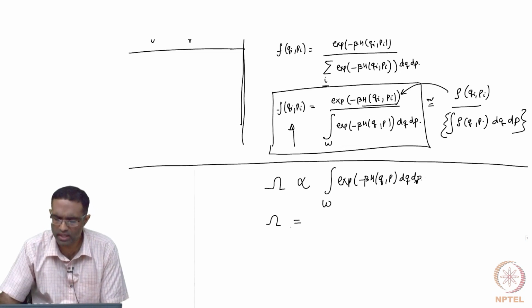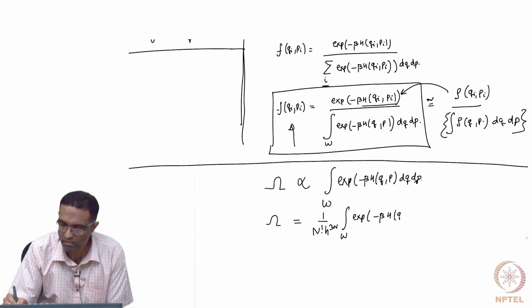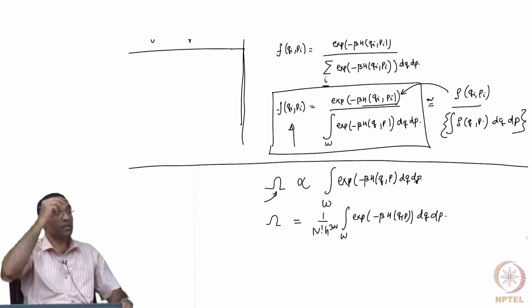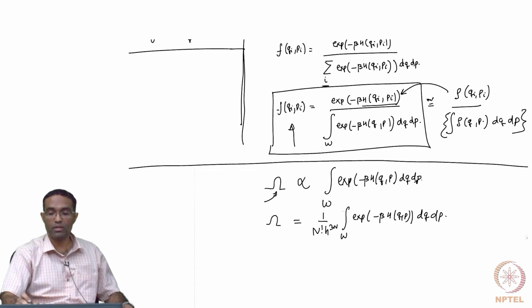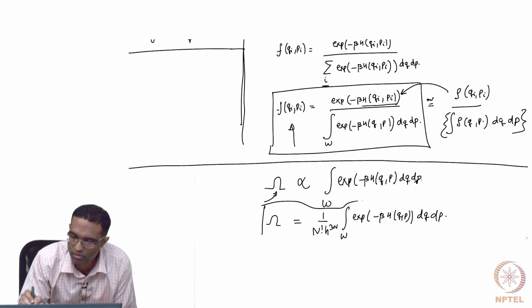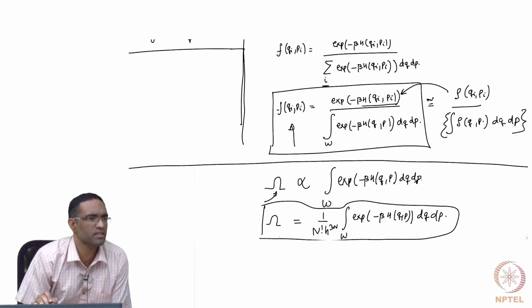I think we already did this, right? This omega has to be commensurate with the omega that we find using quantum mechanics. Which essentially means that you have to divide it by n factorial and h to the power 3n in order to get the correct enumeration of the microstates. We saw this, at least we mentioned this, in the last class, right?